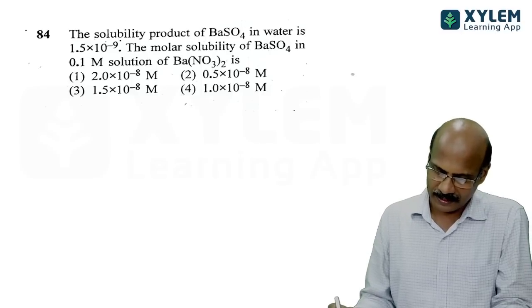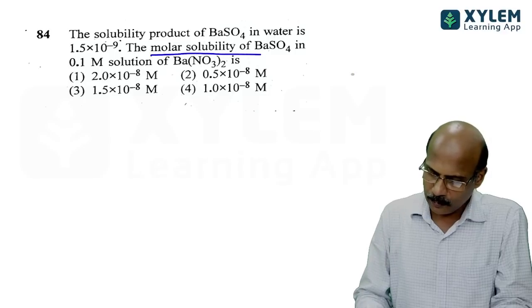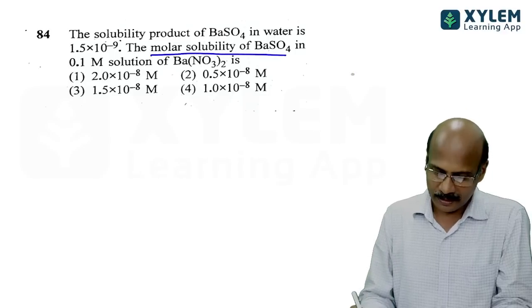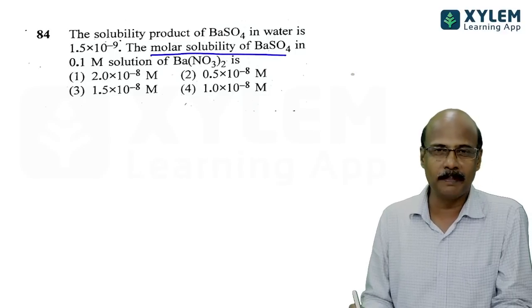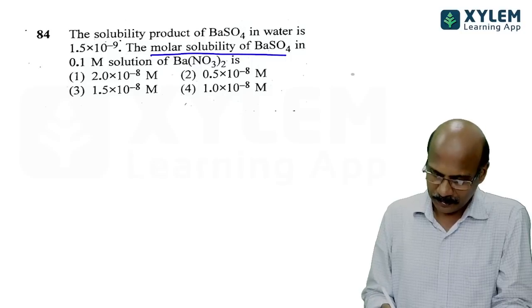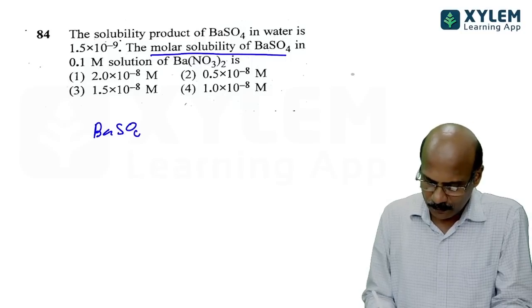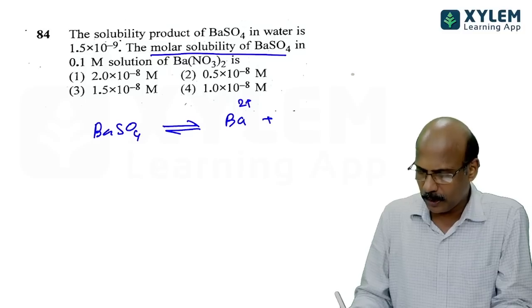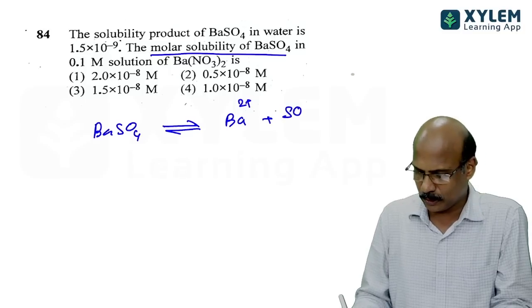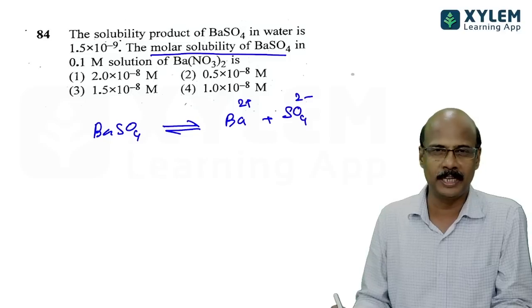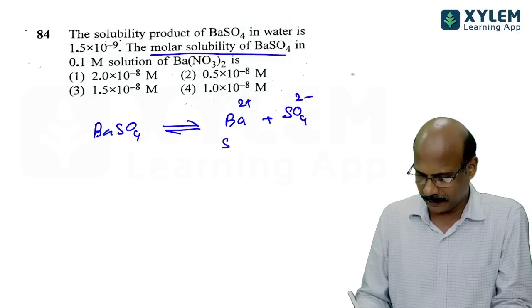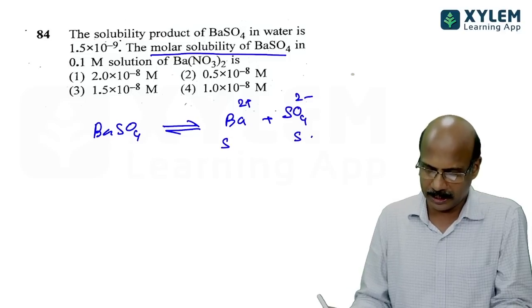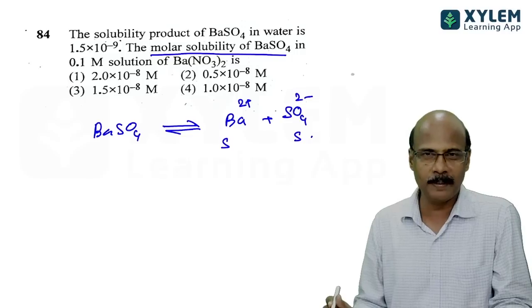What is asked here is the molar solubility of barium sulfate in 0.1 molar barium nitrate solution. You know that barium sulfate, when added, suppose dissolves to S mole per liter. Just assume that the solubility of barium sulfate is S mole per liter in the solution containing 0.1 molar barium nitrate.